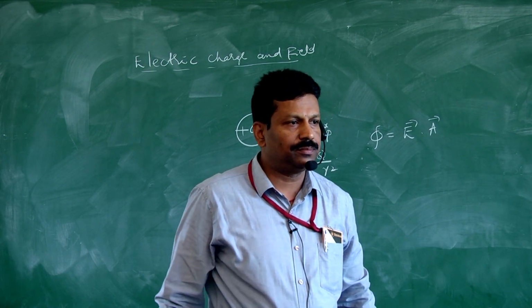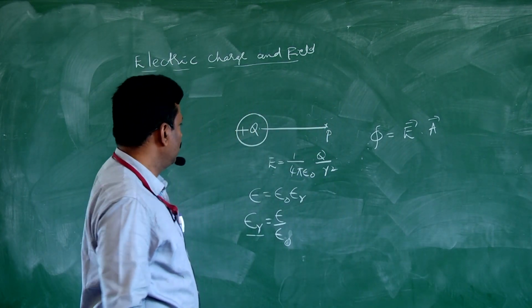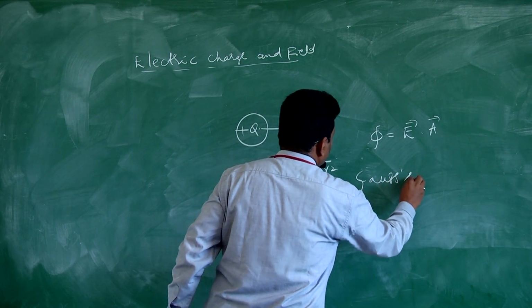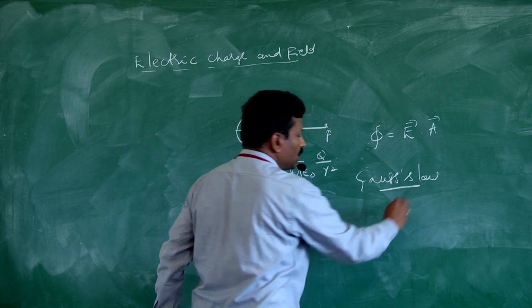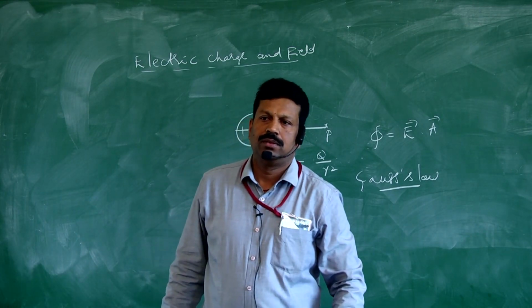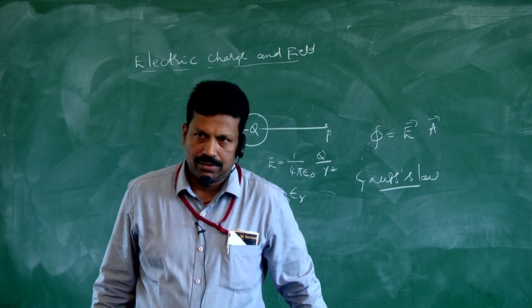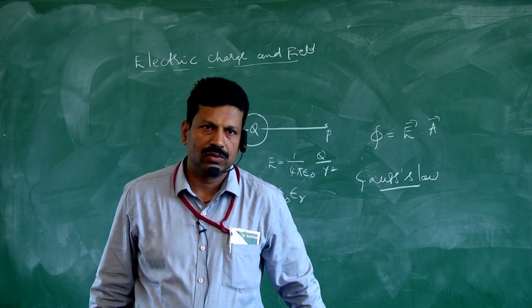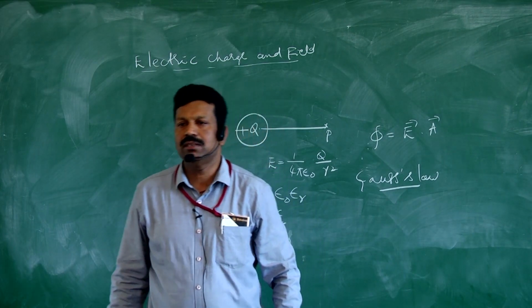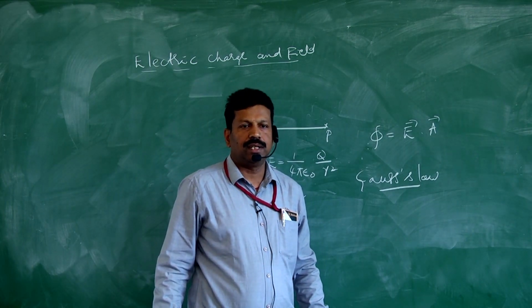ನೆಕ್ಸ್ಟ್ ಈಸ್ ಗಾಸಸ್ ಲಾ. ವಾಟ್ ಈಸ್ ಗಾಸಸ್ ಲಾ? So Gauss's law states that one by epsilon naught times the charge enclosed by the surface, right?